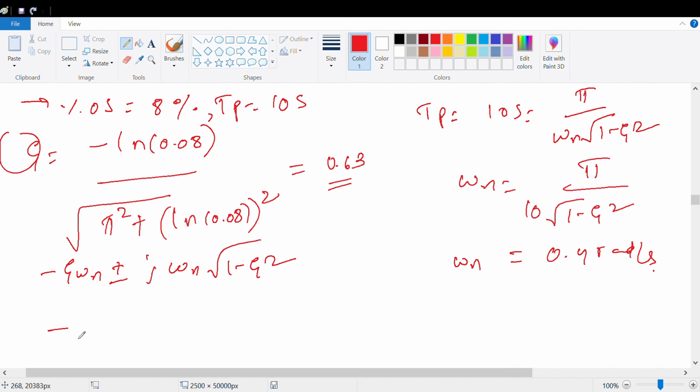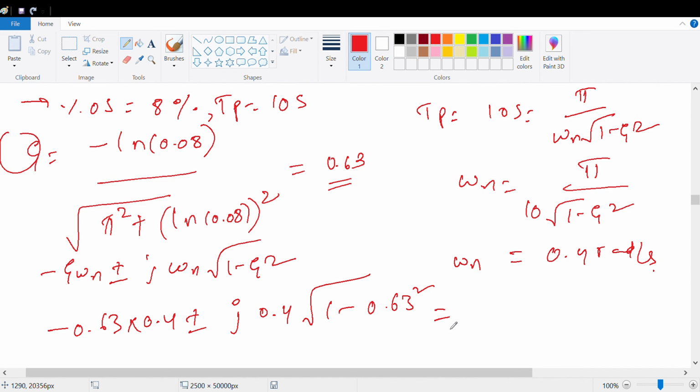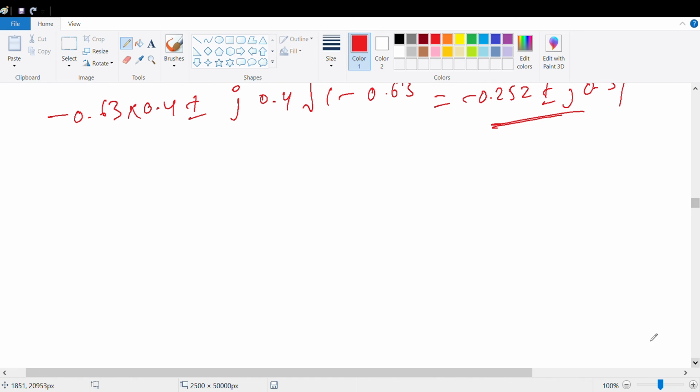So zeta 0.63 multiplied with 0.4, that is minus 0.252, plus or minus j 0.4 into the square root of 1 minus 0.63 square, which is 0.31. These are the poles' location.